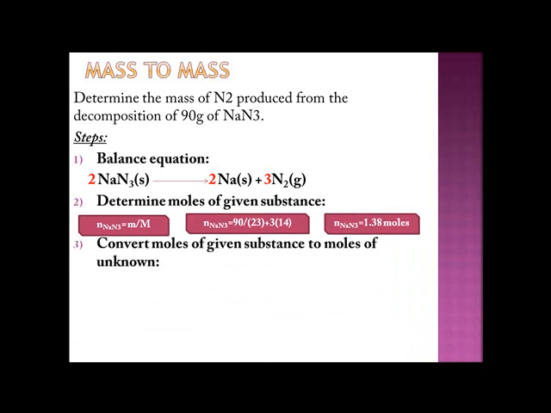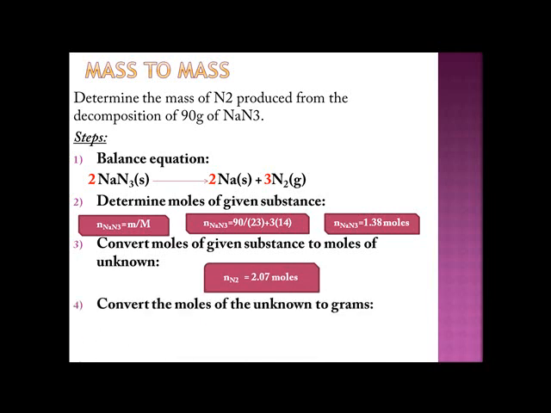The third step is to convert the moles of the given substance to the moles of the unknown substance. We do this by placing the 1.38 moles in a proportion to get the moles of N2. So we replace, then we cross multiply to get the moles of N2, which will be 2.07 moles.